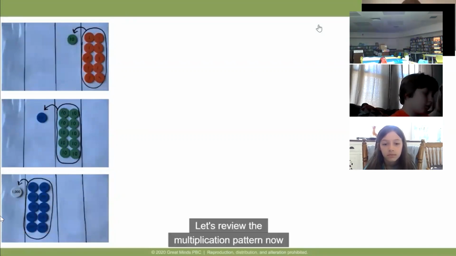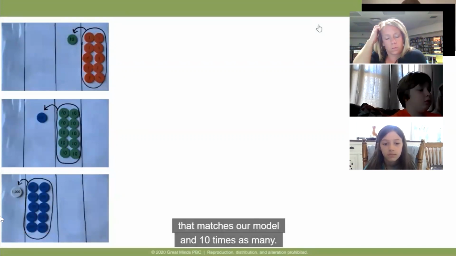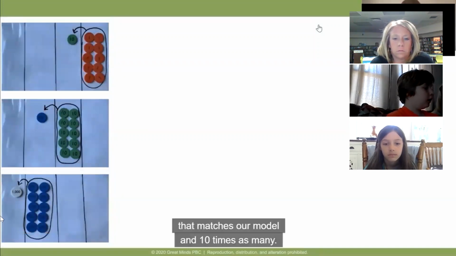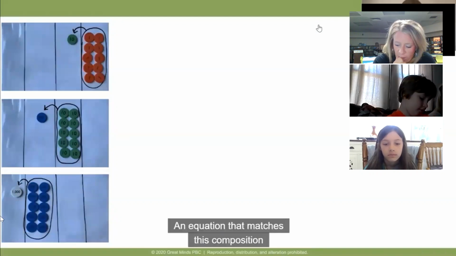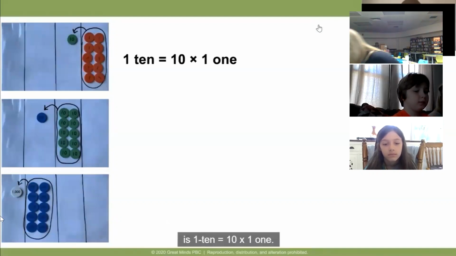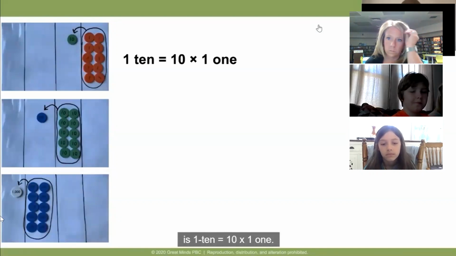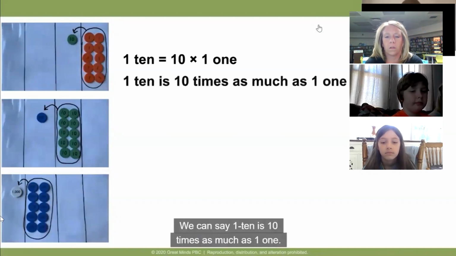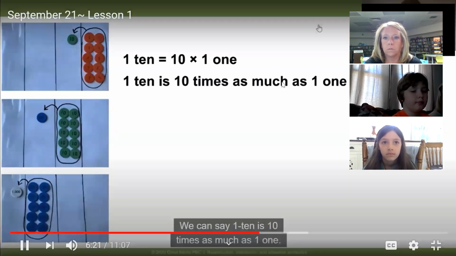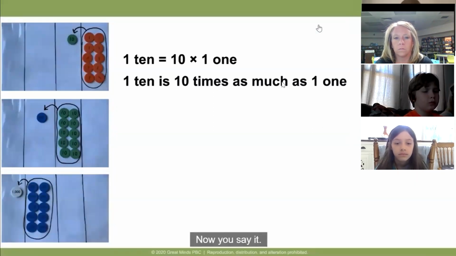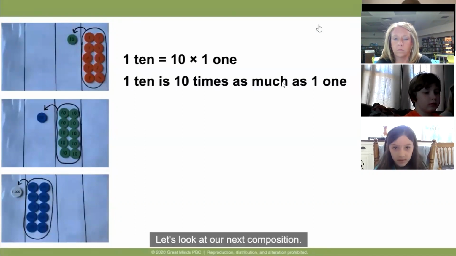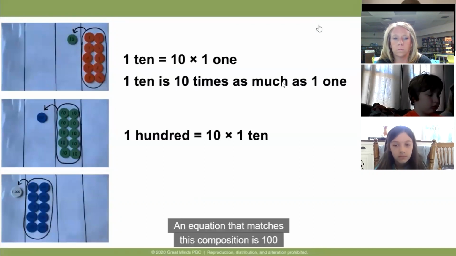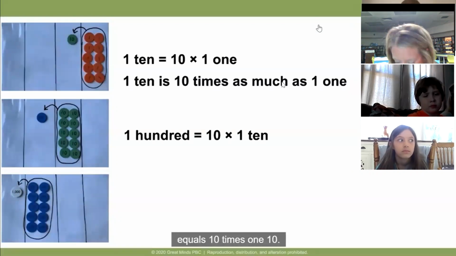Let's review the multiplication pattern now that matches our model and 10 times as many. Take a look at our first composition. An equation that matches this composition is 10 equals 10 times 1. We can say 10 is 10 times as much as 1. Now you say it. 10 is 10 times as much as 1. Let's look at our next composition. An equation that matches this composition is 100 equals 10 times 10.